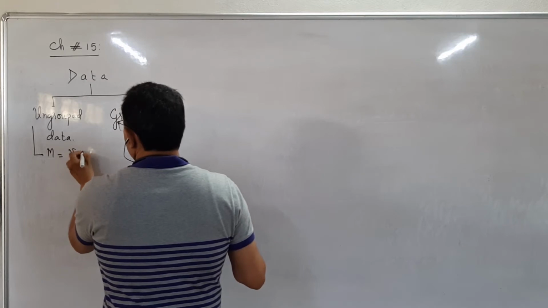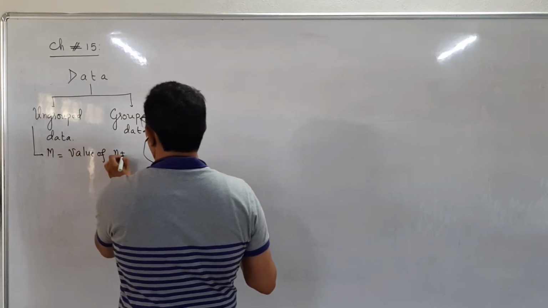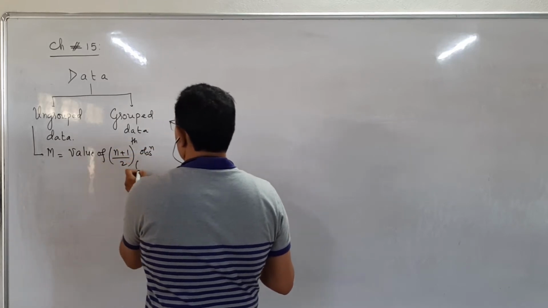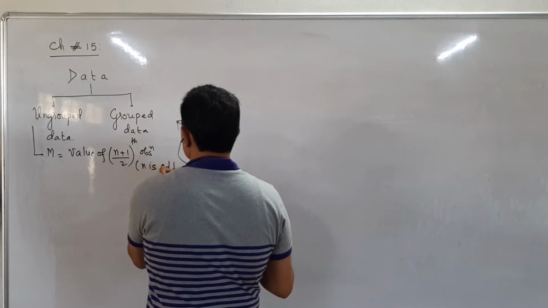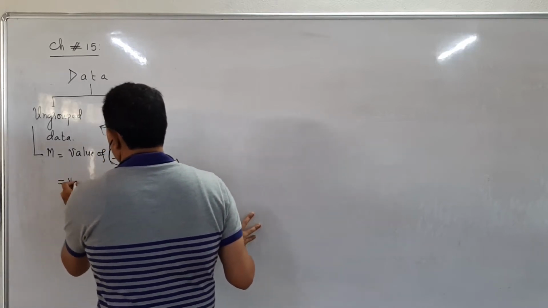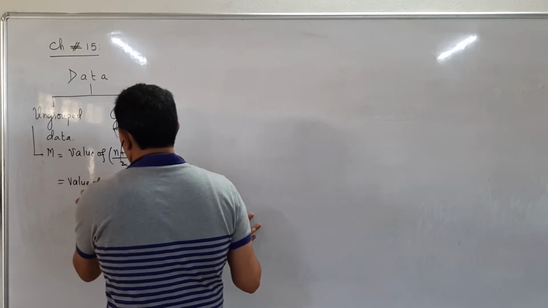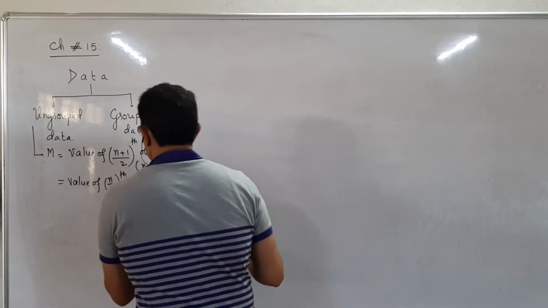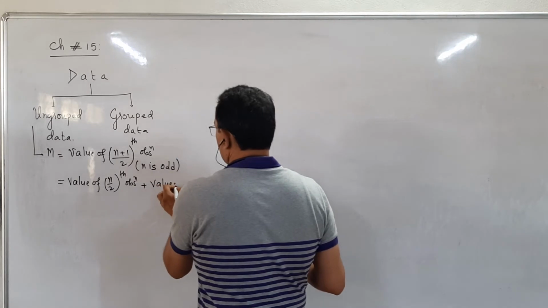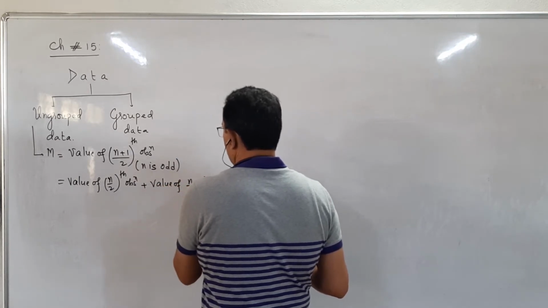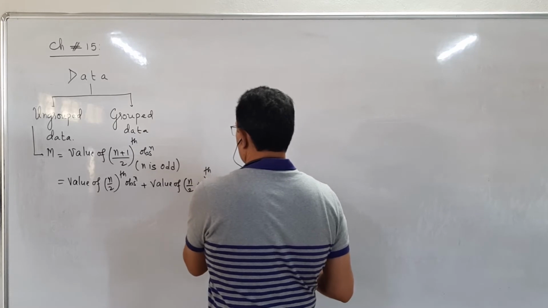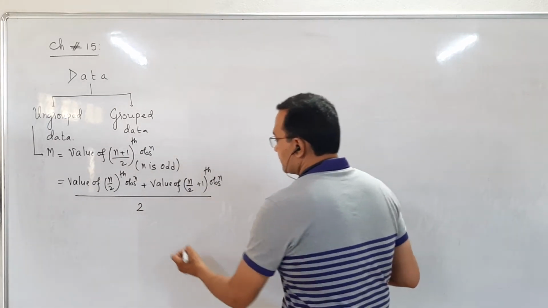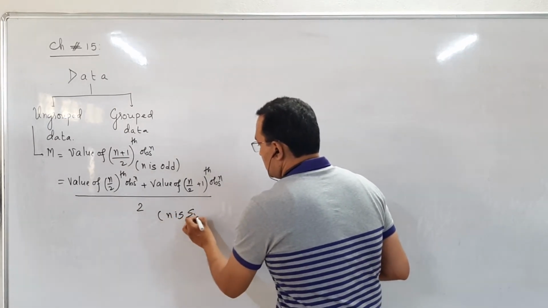Median M is equal to the value of the (n plus 1) by 2th observation when n is odd, and median M is equal to the value of the n by 2th observation plus the value of the (n by 2 plus 1)th observation, whole divided by 2, when n is even.